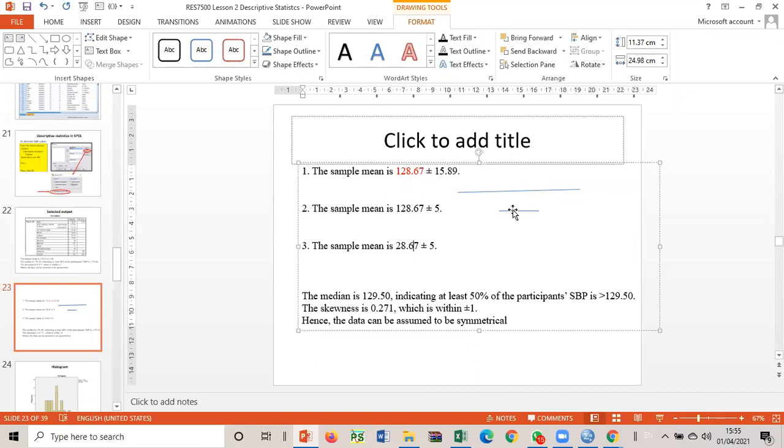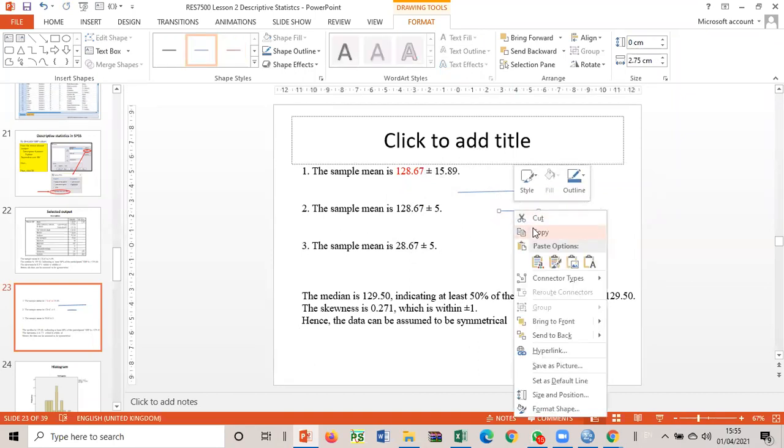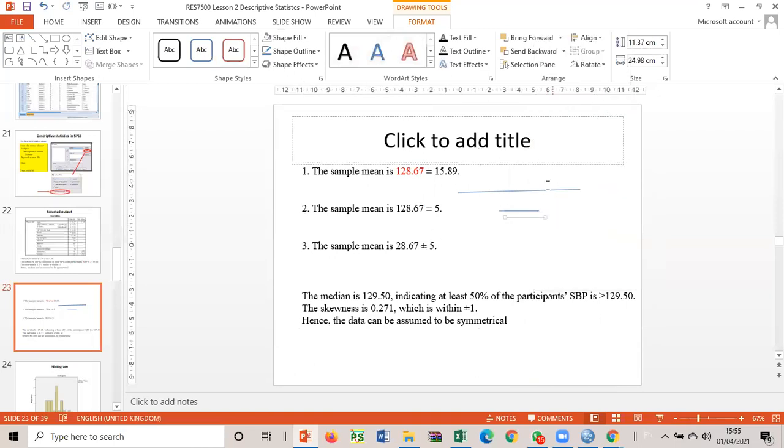So this is centered here. The third one, the center will be very much lower. So number 1 and number 2 have the same center but different spread. Number 2 and number 3 have similar spread, but different centers. So these are very important.